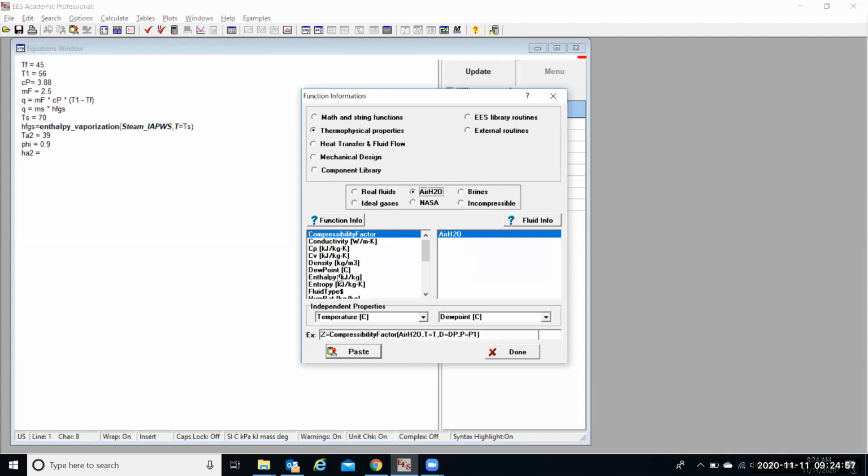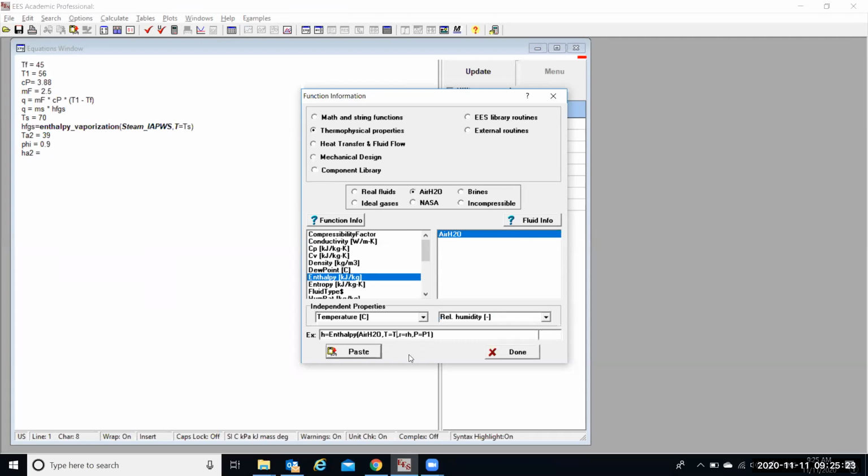For the air-water system, I need the enthalpy based on the dry bulb temperature and relative humidity, which is phi here. I've already written H_air2, so I don't have to copy it. It will be the enthalpy of the air at, no, it's not humidity ratio, it's relative humidity.